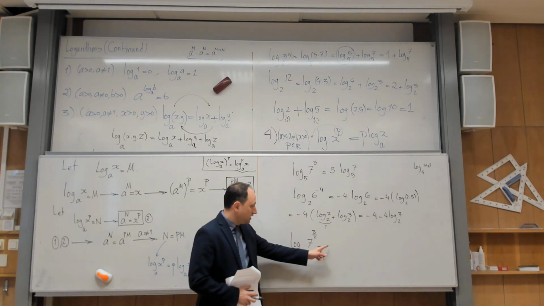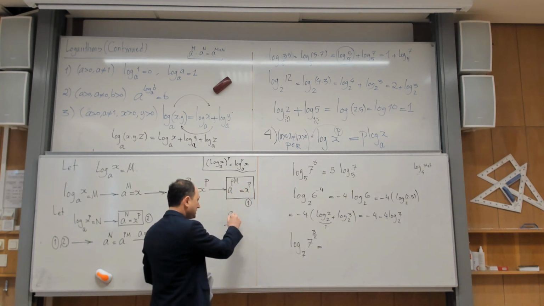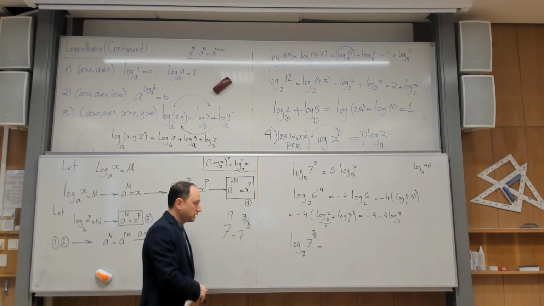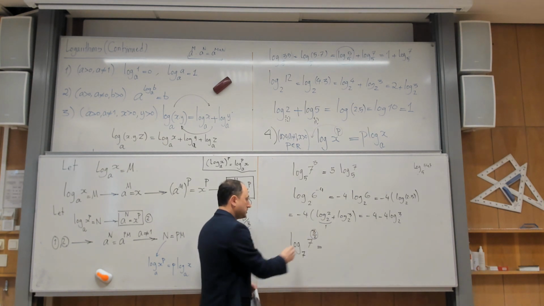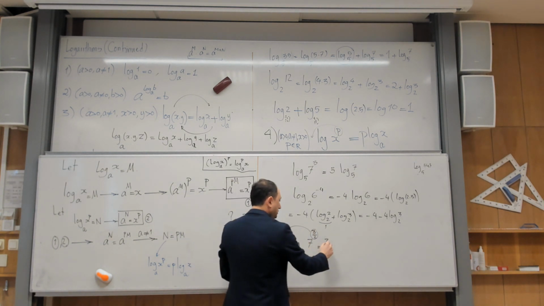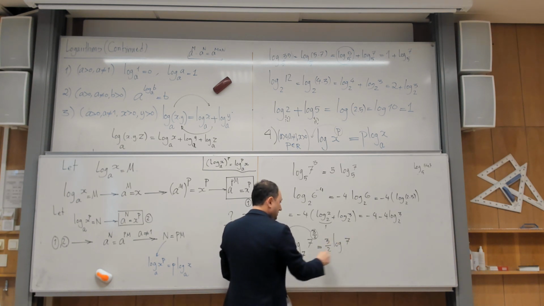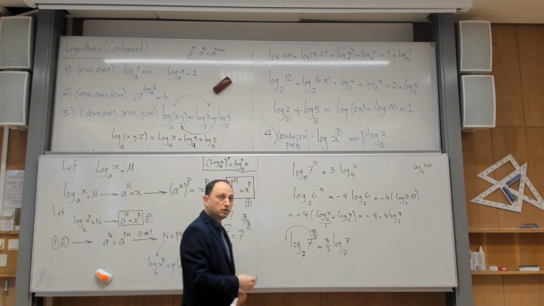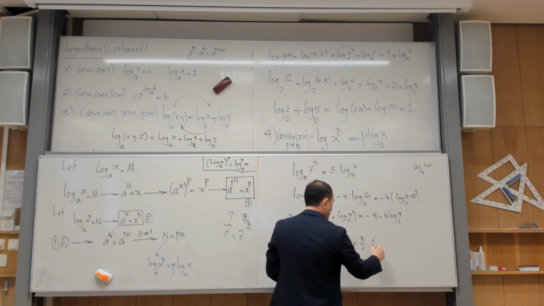Because I am asking you, give me a number so that when I raise 7 to that number, it becomes 7 to this number. Yes, so what's the question mark? It's 3 over 2. But if you want, you can solve it using this trick. Because you say that this power appears here, I put it back, so this becomes 3 over 2, and what is left for me is log of 7, the base is also 7. But log of 7 in base 7 is 1, so this becomes 3 over 2 times 1, which is 3 over 2.